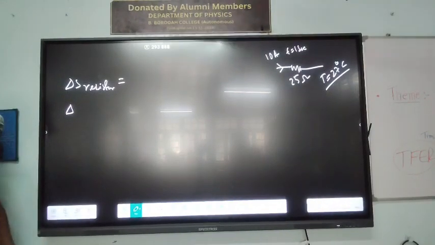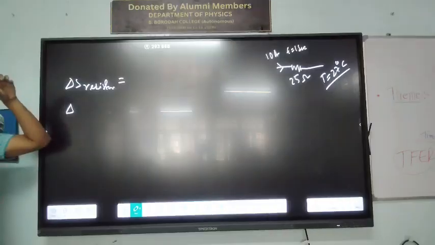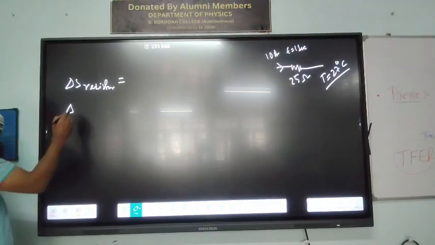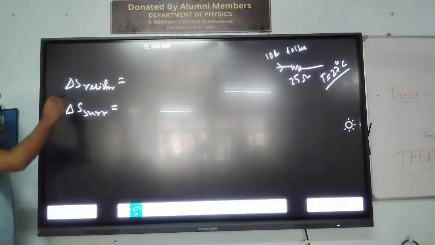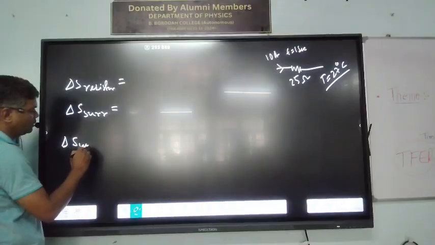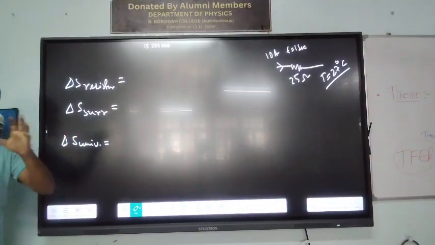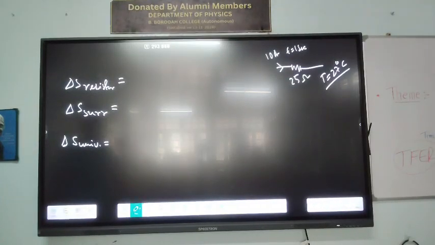For the universe we need the system and the surrounding. The resistor is the system, and the water that we are allowing to flow over it is the surrounding. If we get both, then I can know the change in entropy of the universe. What is the system?